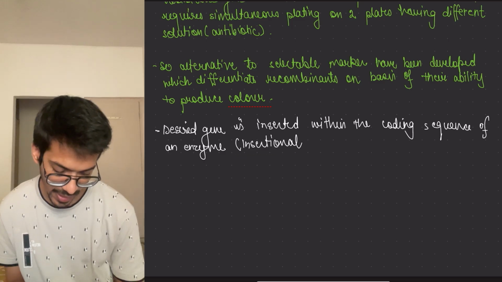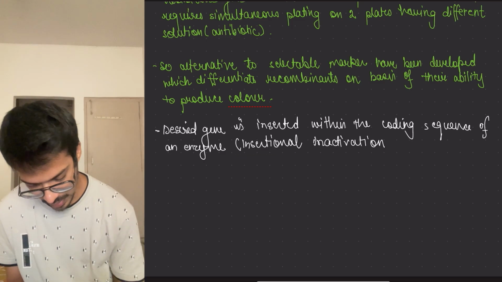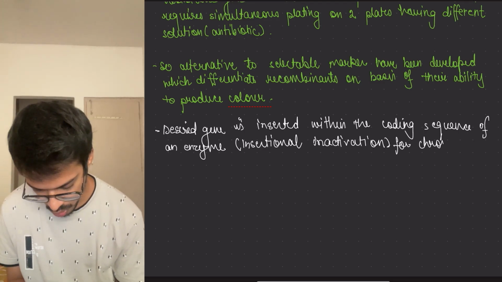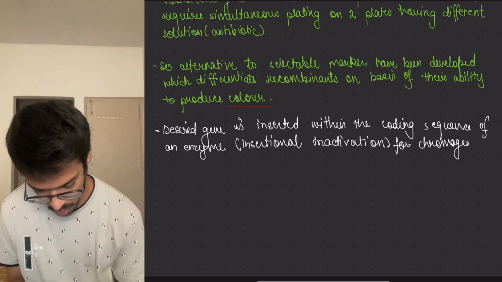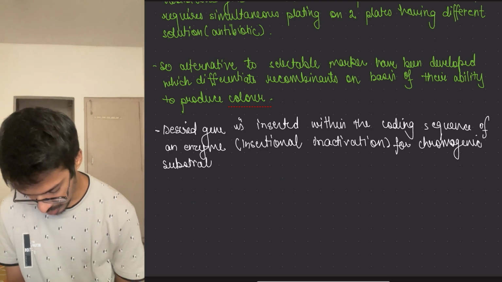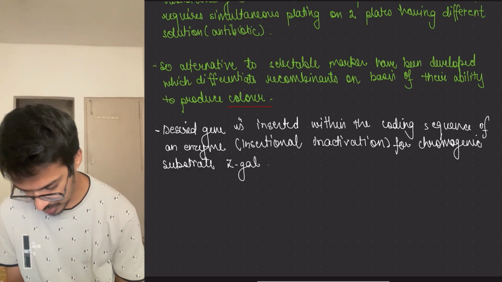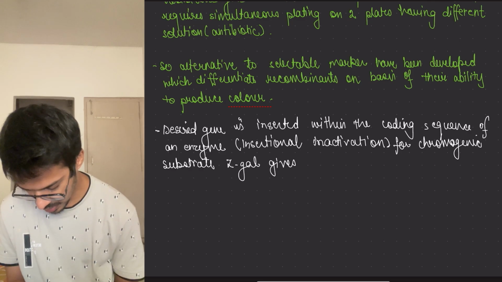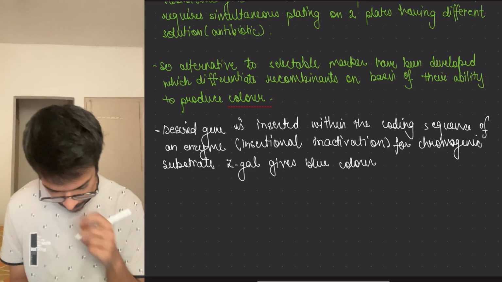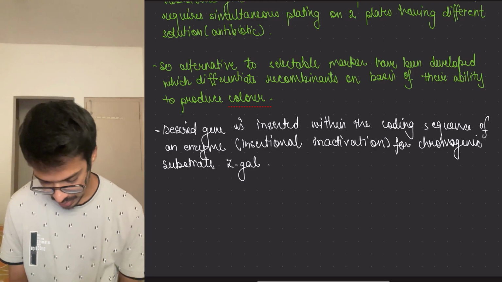Insertional inactivation of the enzyme for chromogenic substrate. Z gal gives blue color. Okay, maybe like this.